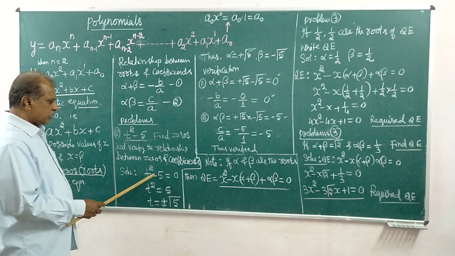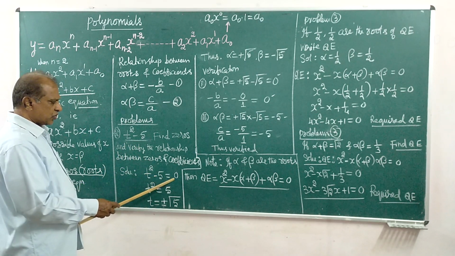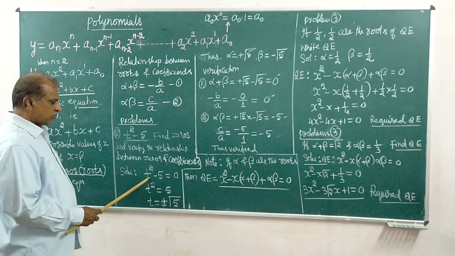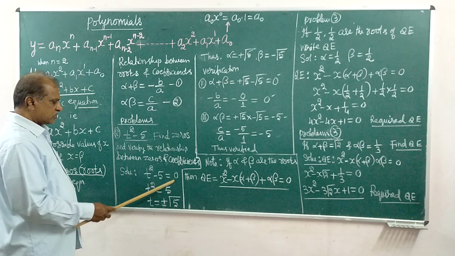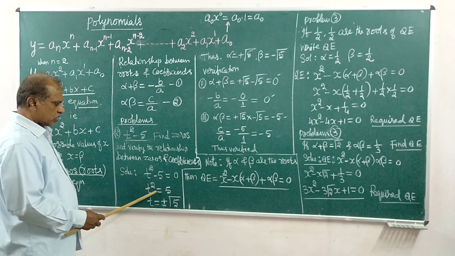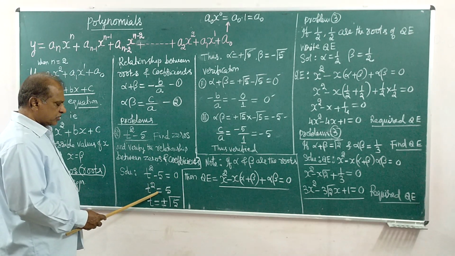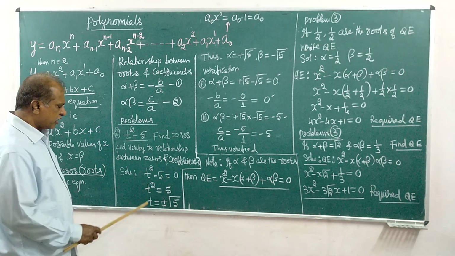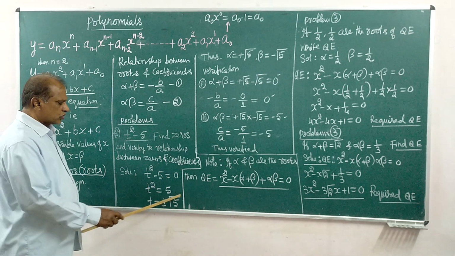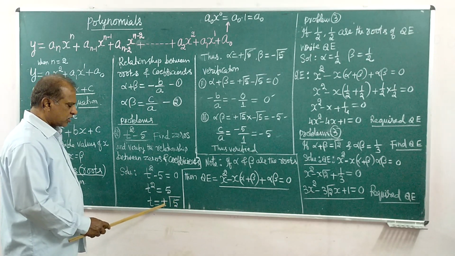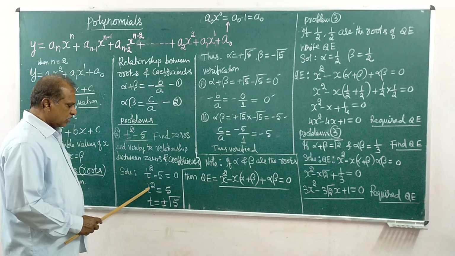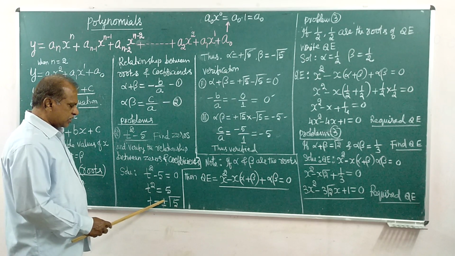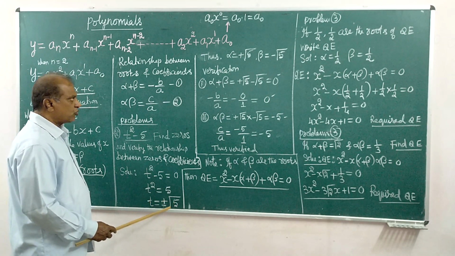Given t square minus 5 equals 0, put this as 0, when y equals 0. These are the possible values of t. We can write the equation and take 5 to the right hand side, plus 5. Then t equals square root of 5 with plus or minus, because there are two possible values. t equals plus root 5, t equals minus root 5.